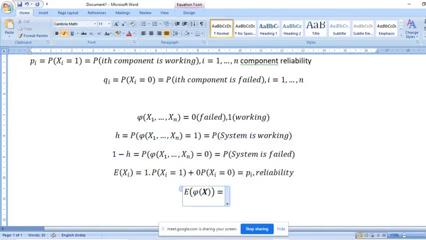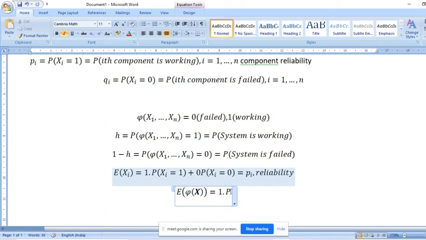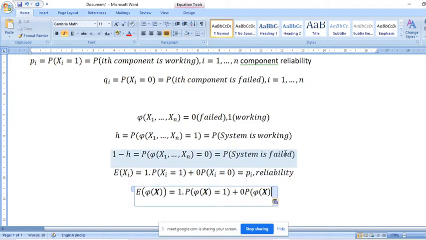Moreover, you know that phi of x also has two values, 0 and 1, and in that case we can write 1 into the probability of phi of x equal to 1, plus 0 into the probability that phi of x equal to 0, because you have told me that this is the formula for computing expectation.